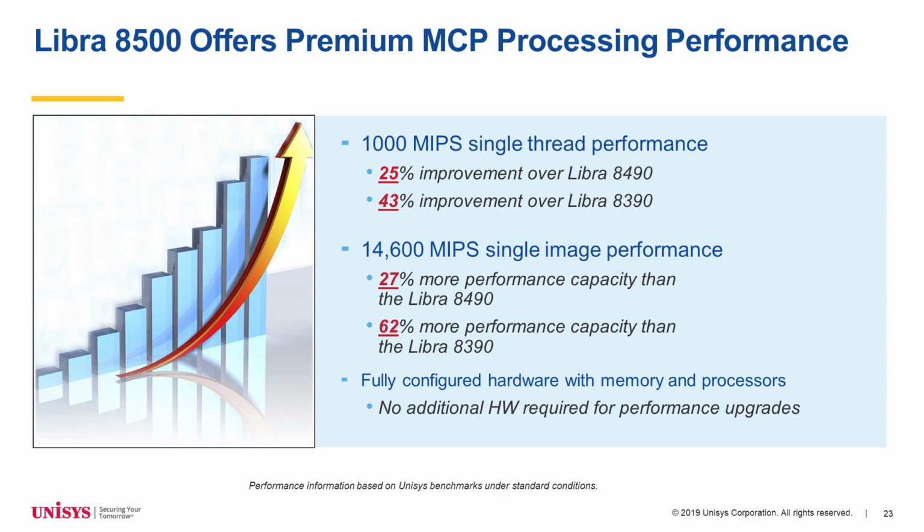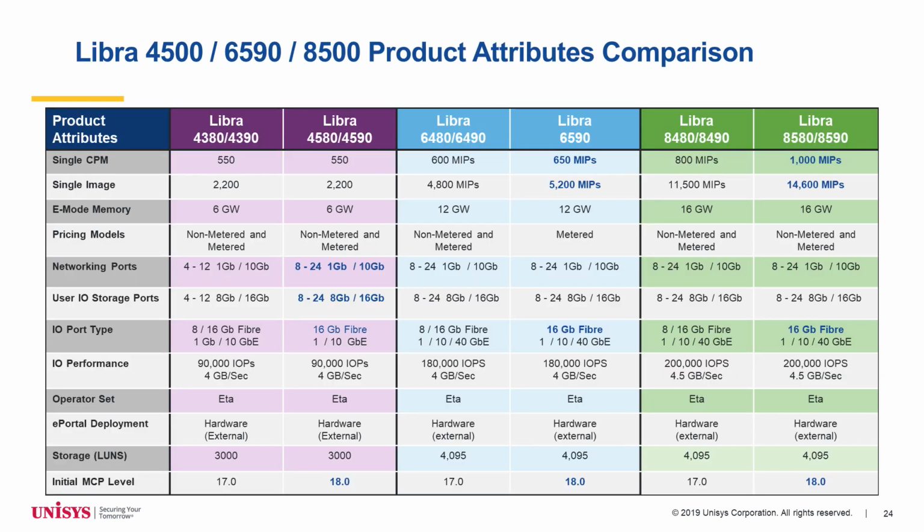And it runs on the fully configured hardware and memory and processors and the fully integrated system that you have with the Libra environments. When you start comparing our Libra environments, the product attributes, as you can see here, I've compared the Libra 4300 to the Libra 4500. We didn't have a Libra 4400 series, so that's why it's compared to the 4300.